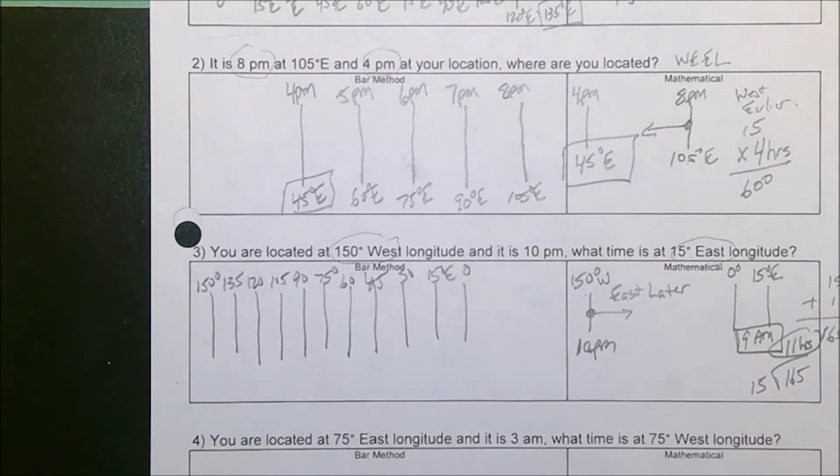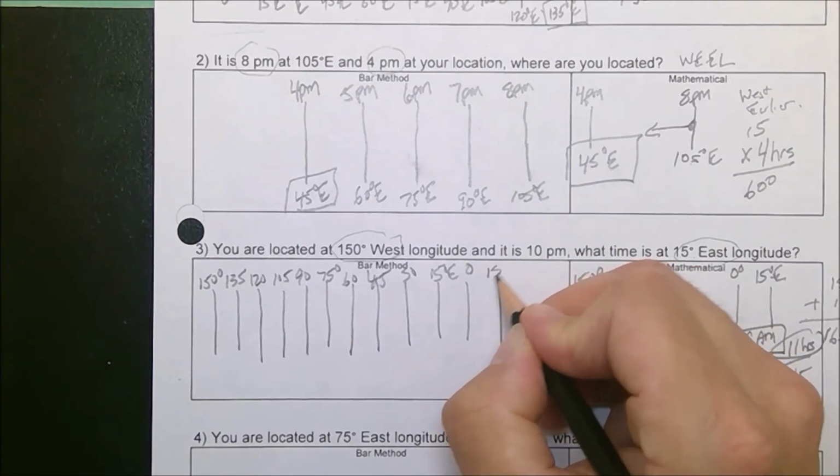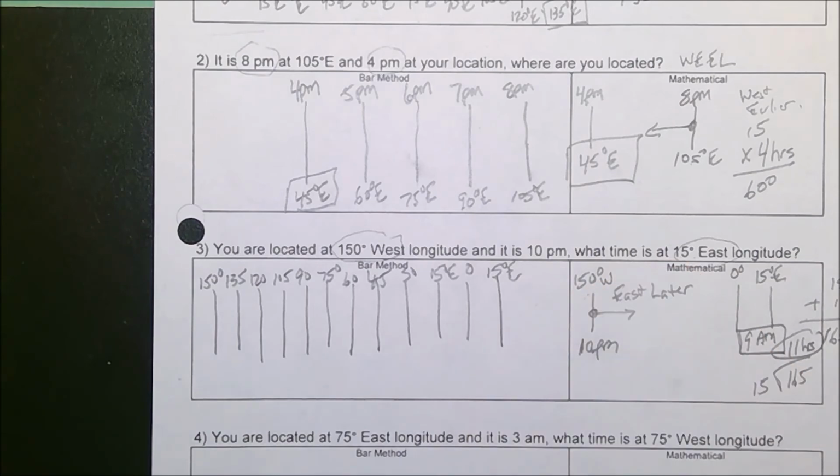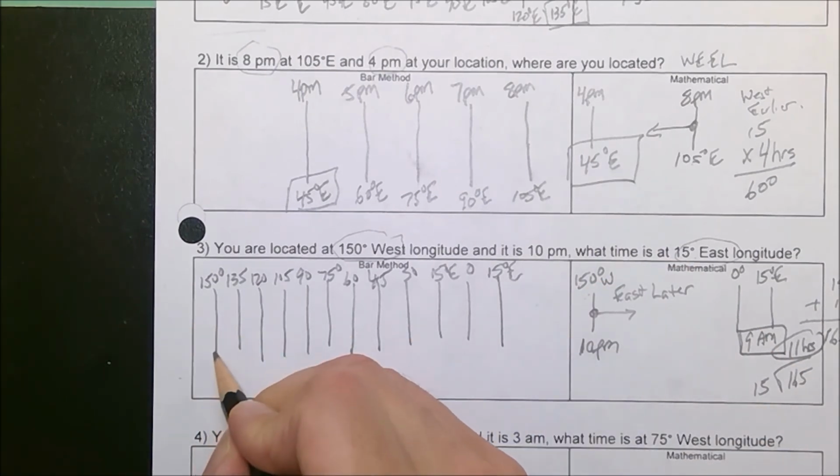Now all of those are degrees west. Then I'm going to finally reach 15 degrees east. All right, so those are all the meridians I'm going to pass through.